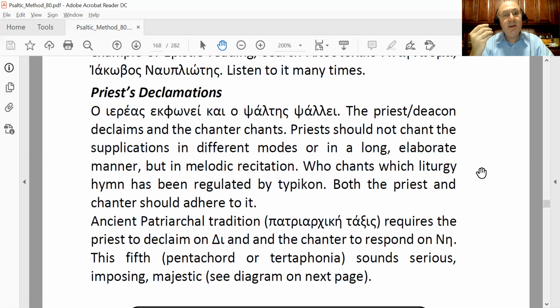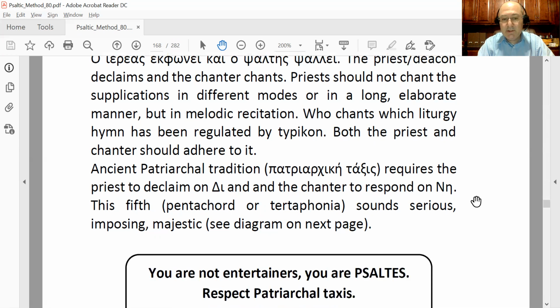It has this imposing, majestic simplicity that is a hallmark of the patriarchal chanting tradition. I would like you to hold that dear to your hearts and try to always respond: priest on thee, and you on ni. Let's go and see a diagram.